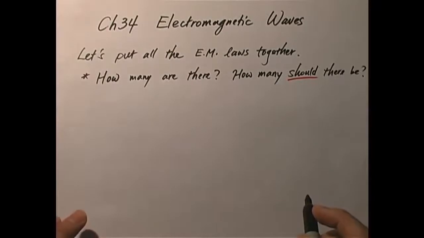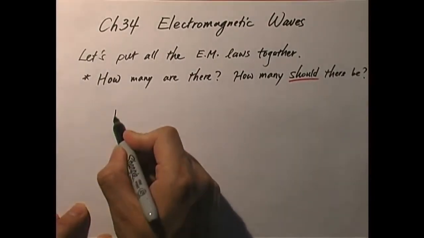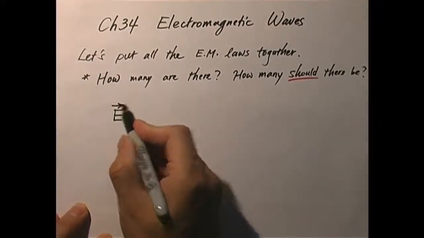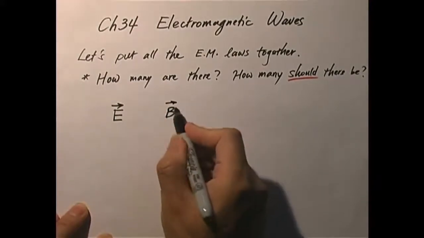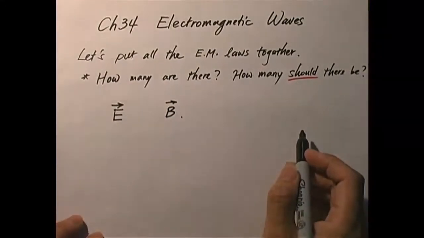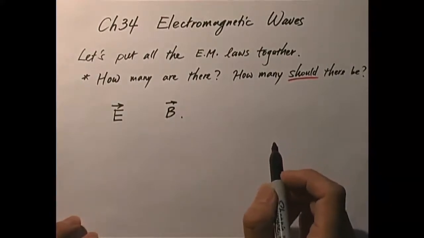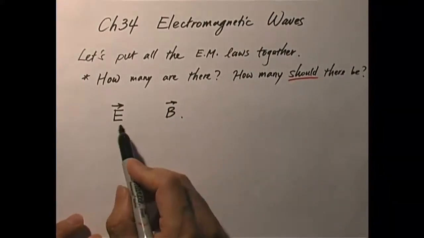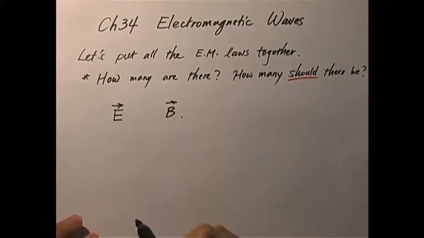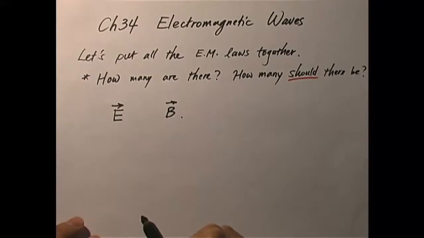After all, what we need to describe are 2 vector fields, E and B. My question is this: how many equations does it take to uniquely specify a vector field, such as vector E and vector B?